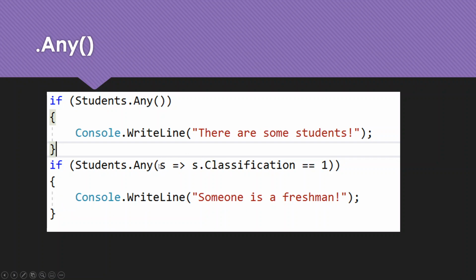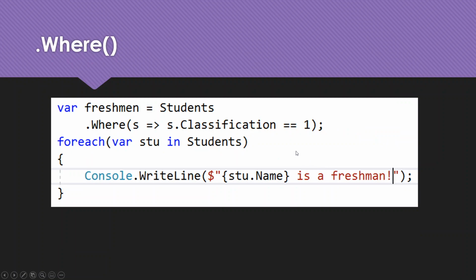Again, we have this temporary variable, and in this case, we're looking for any students where that student has a classification equal to 1. Here, we are getting a sublist of students that contain students where the student classification is 1. So Where essentially gets a sublist of your list. At maximum, the Where would return the entire student list, or it would return an empty list.